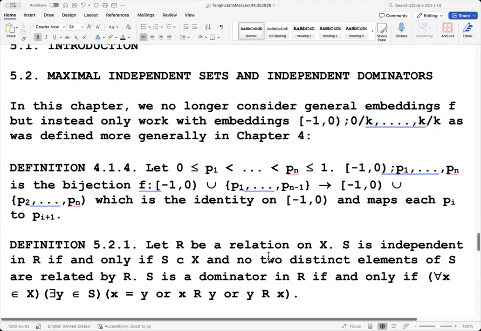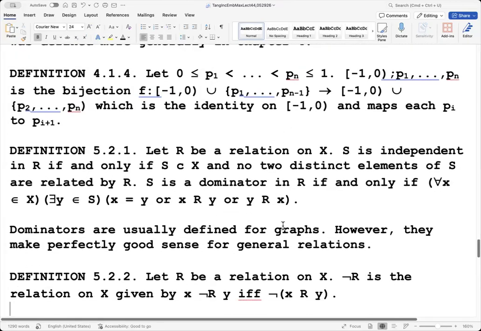the notion of independent set is well known to everybody. S is independent in a relation if and only if it's a subset of the field of the relation, and no two distinct elements of S are related by R. Here's the definition of dominator.